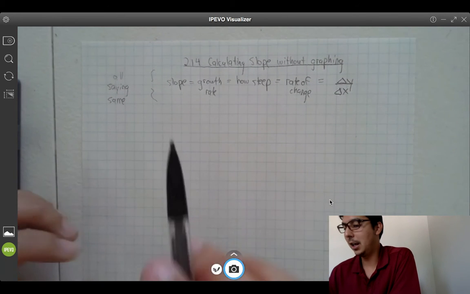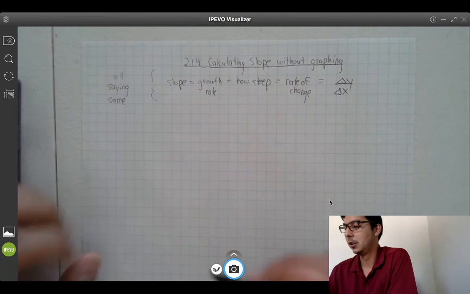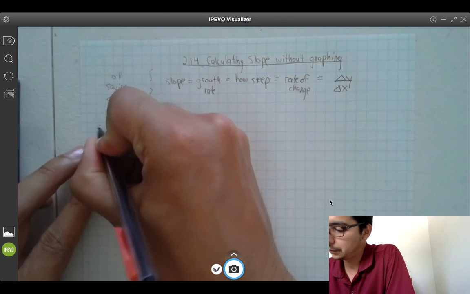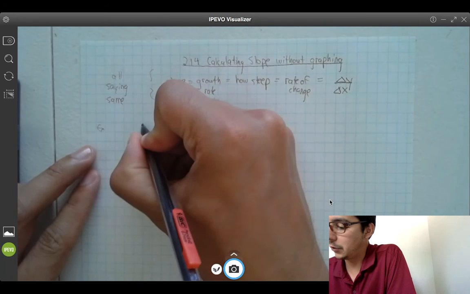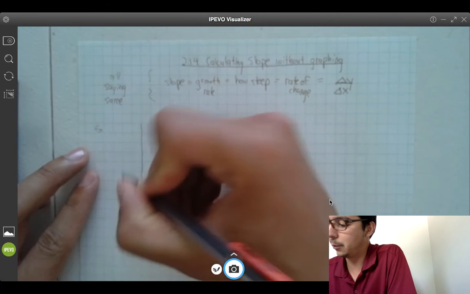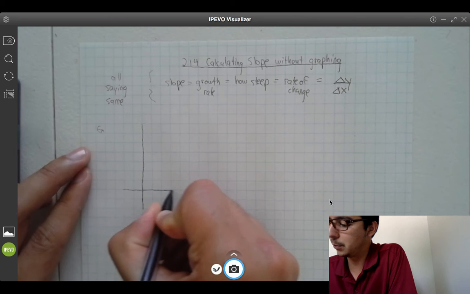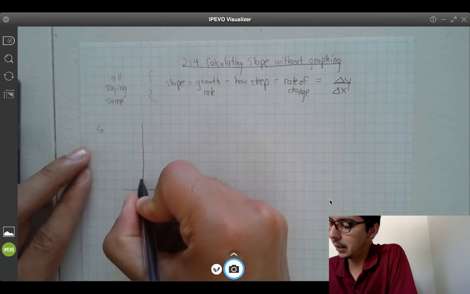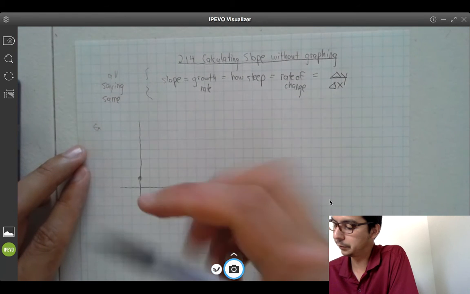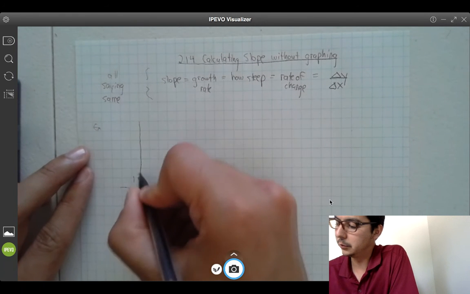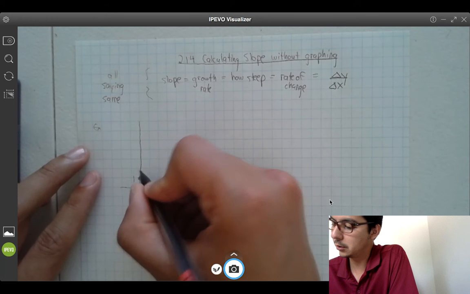But today, there's no graph. So, for example, if there were a graph, and we're going to get to how to do it without a graph, but it's important you understand where this comes from. Say I make a graph, I'll start here at 1. And let's say it looks something like this.